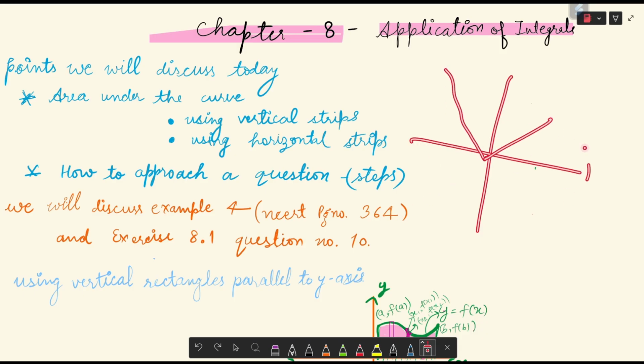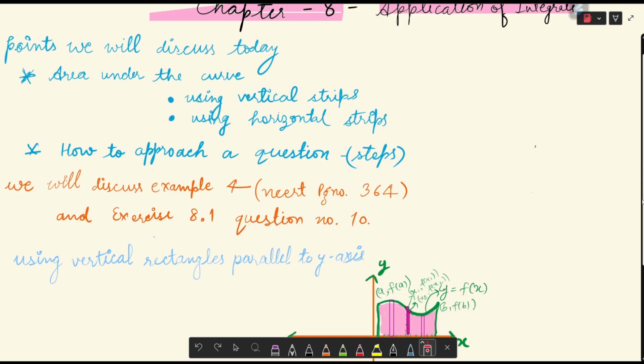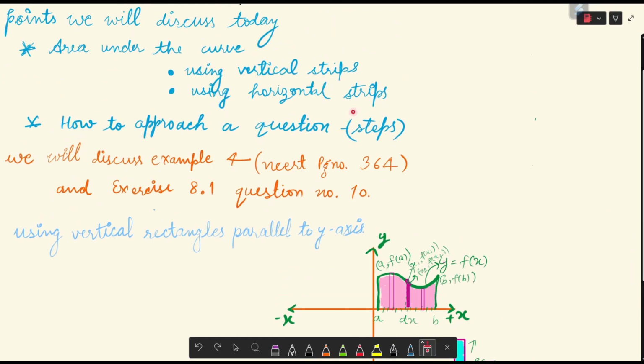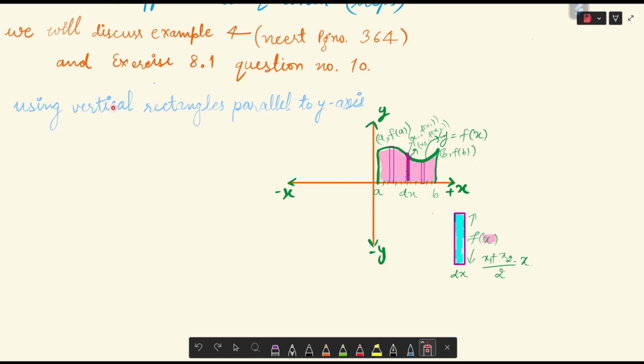So there are many functions, curves. Curve is basically, we are talking about functions here. You can find the area using two methods. What are these methods? The vertical method and the horizontal method. So how do we do this?